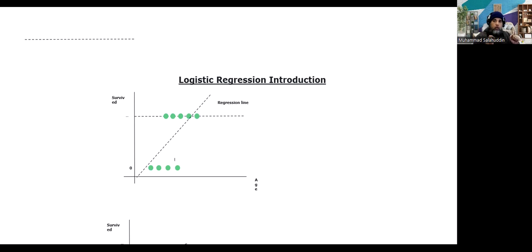The class is going to be certain, but there is going to be a probability that the object can be part of class 0 or class 1. So in this case, we have a certain probability that the person is going to survive, which is 1, or a certain probability that the person is not going to survive. Now, we are using the term probability. So beside the math, we are now slowly bringing statistics into the picture.